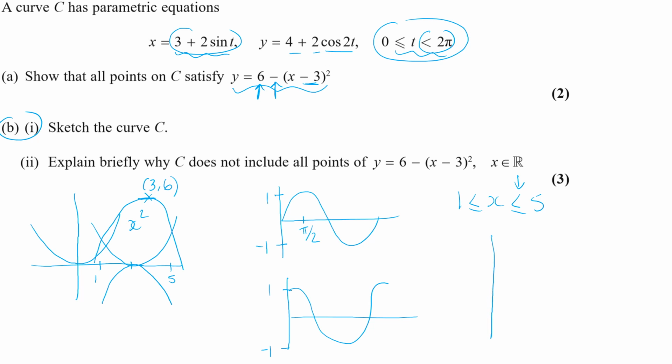So the graph is going to look like, between 1 and 5, you're just going to get this part of the graph, and the max is going to be at 3, 6. We can have that. In part 2, we're asked to explain why it does not include the point. So why does it just stop and start there? It's because we're only having values for x between 1 and 5.